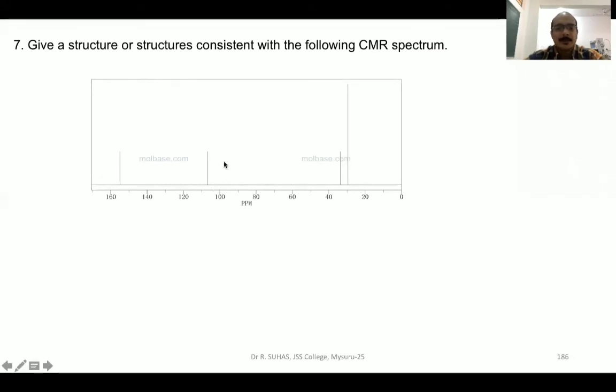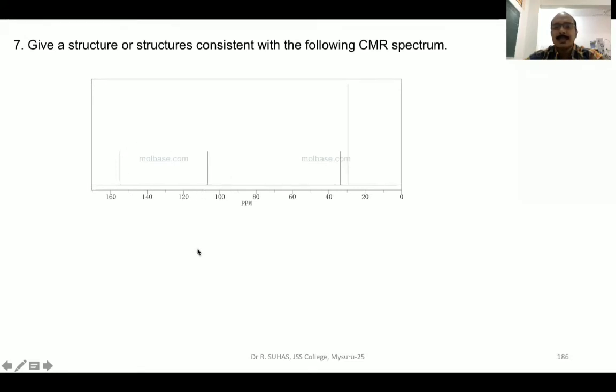of this compound. And here there is a peak at roughly around 108 ppm and another peak around 155 ppm. So these tell that there should be an alkene bond, because one is internal, another one is terminal. Usually the internal will show high deshielded value, whereas terminal will show less deshielded value.